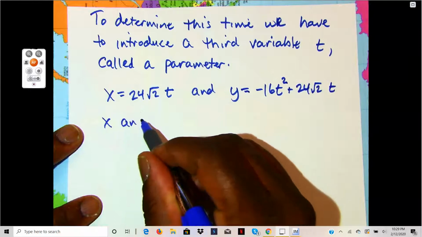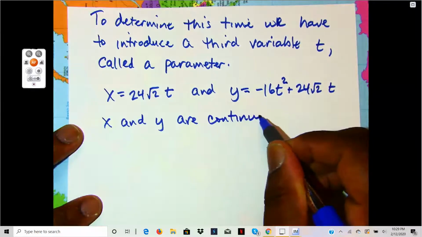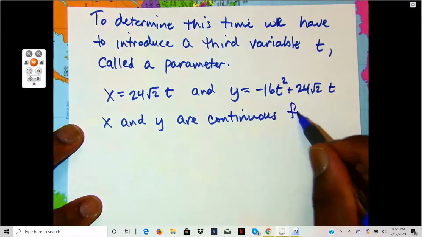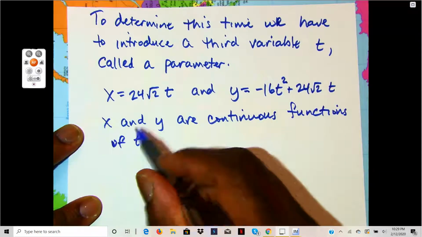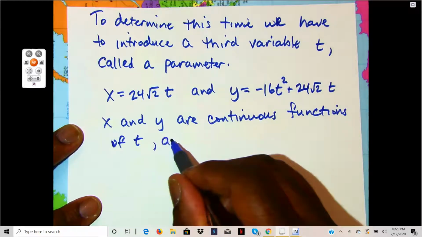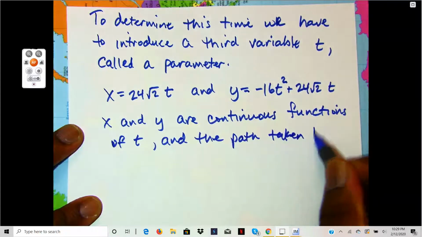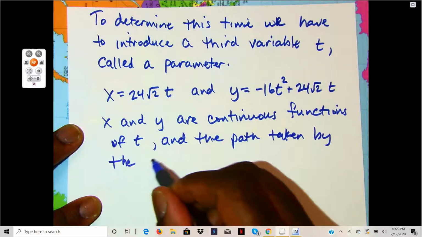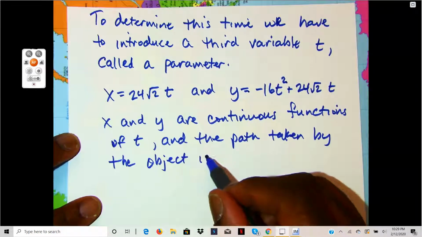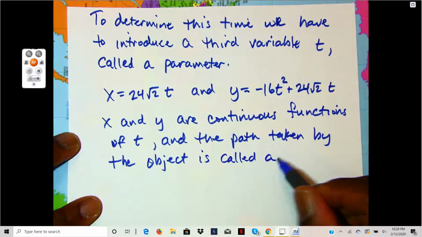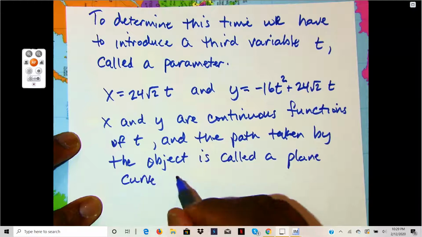X and y have to be continuous functions of t. And the path taken by the object is called a plane curve, capital C.